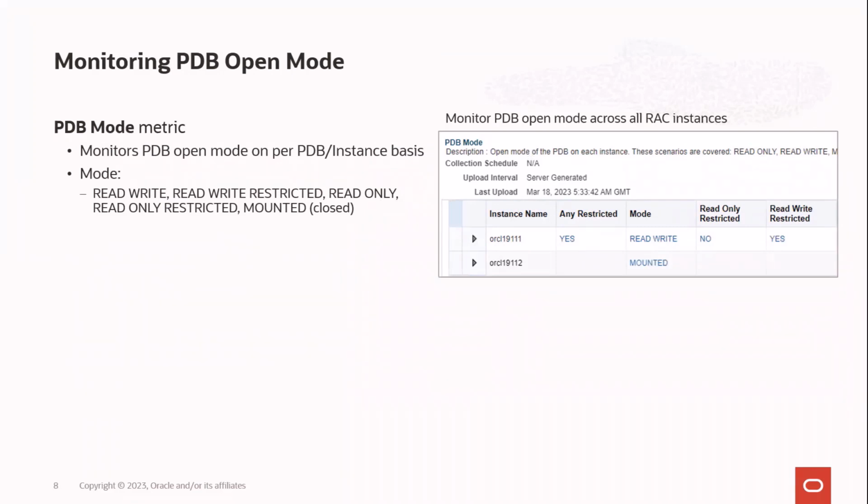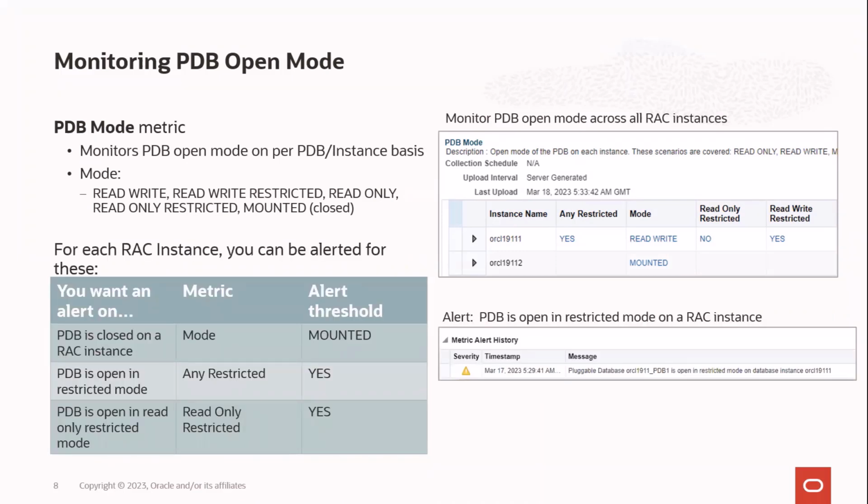The new PDB mode metric group supports these use cases. This metric tracks the mode of all PDBs across all rack instances. The mode metric indicates the current mode of the PDB, which can be read-write, read-write restricted, read-only restricted, or mounted, which is the mode when the PDB is closed.